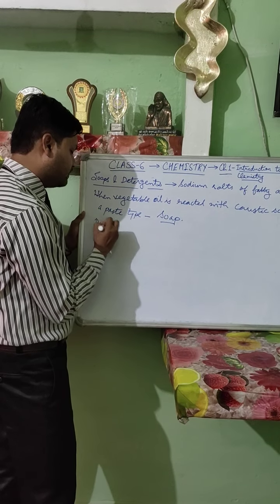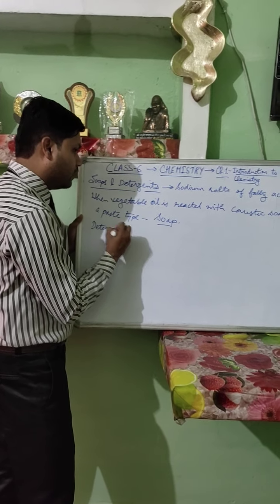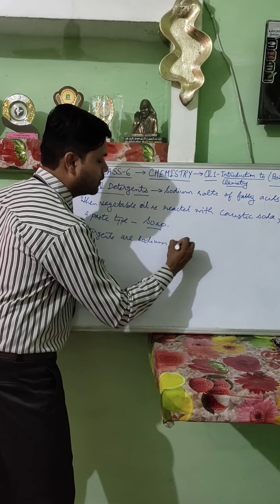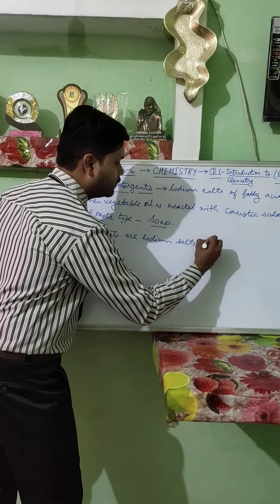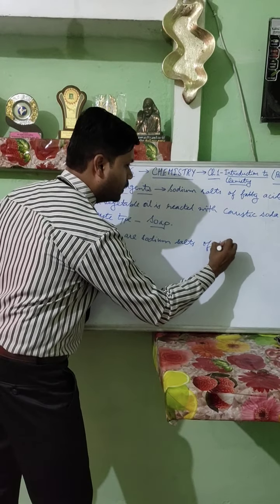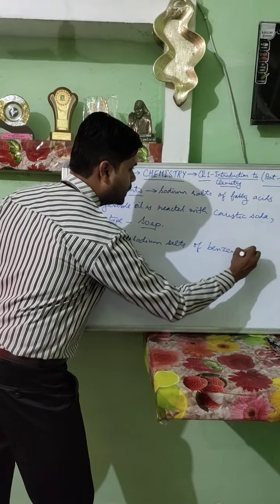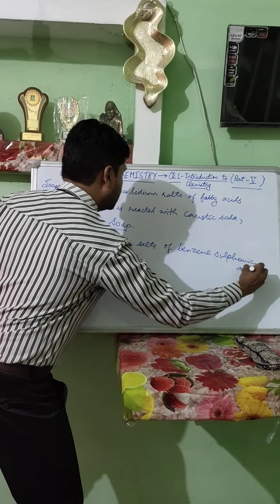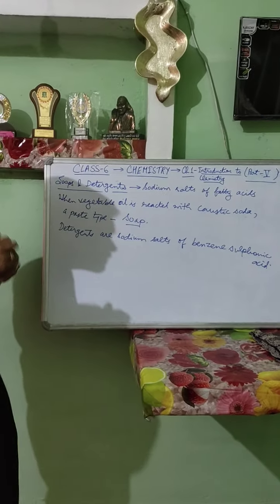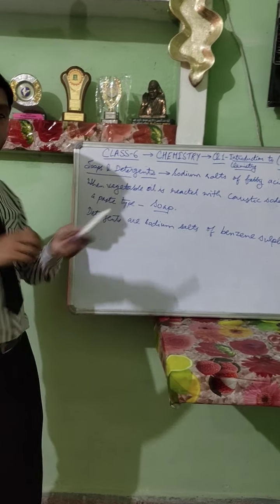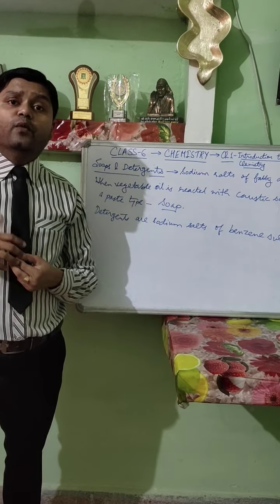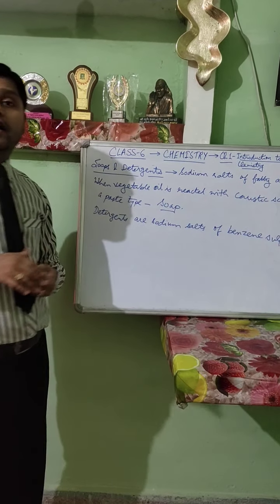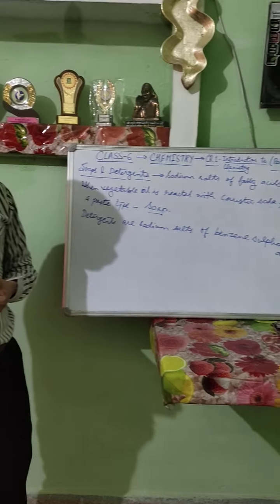What are detergents? Detergents are also sodium salts, sodium salts of benzene sulfonic acid. Where soap doesn't work, detergents work. Soaps mostly lather easily in soft water, but detergents can easily lather in hard water also.